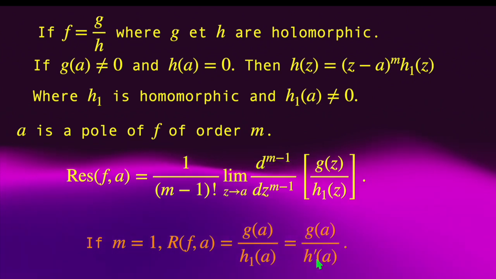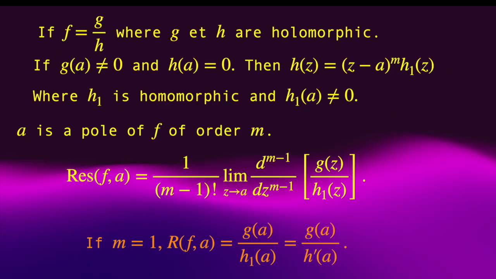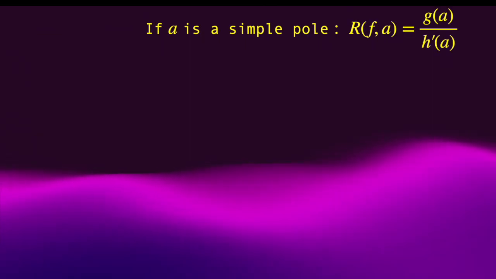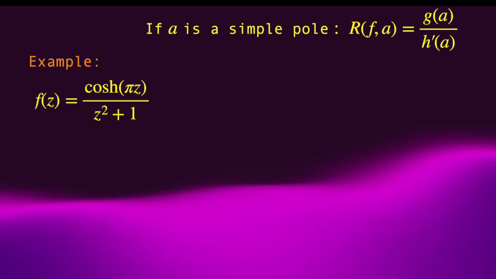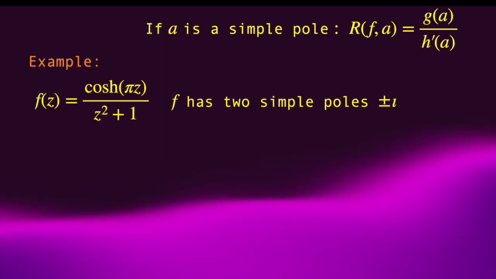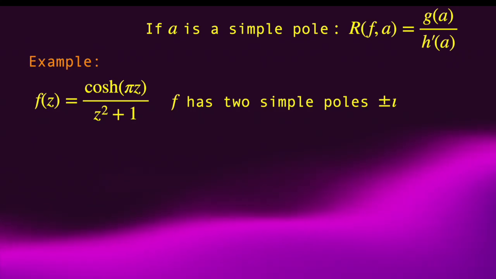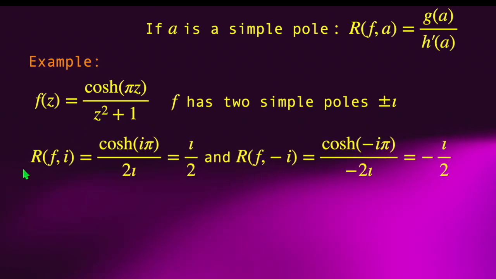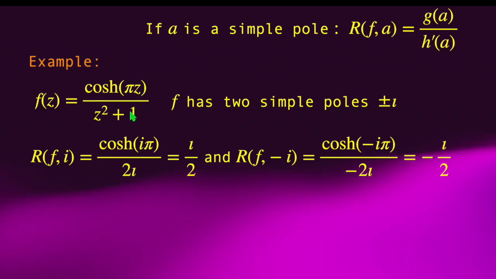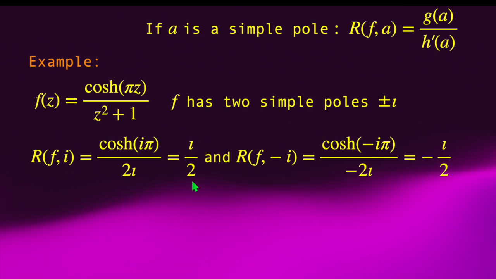And now we can apply these two formulas in concrete situations. So for the first one, we take this function. This function has two simple poles, i and minus i, and the residue at i is just this value, and the derivative of this function at i, and we get this.